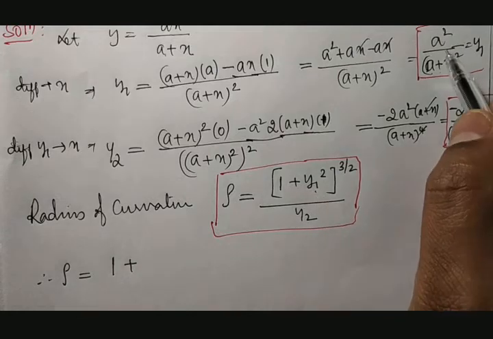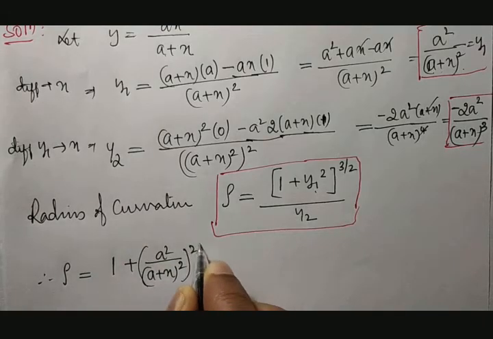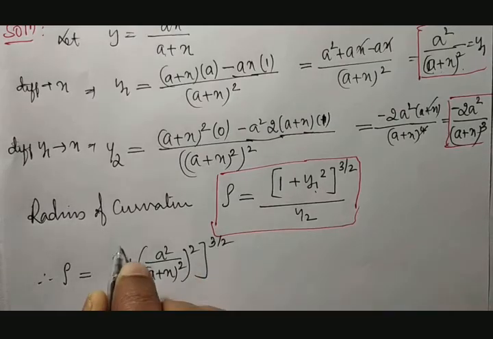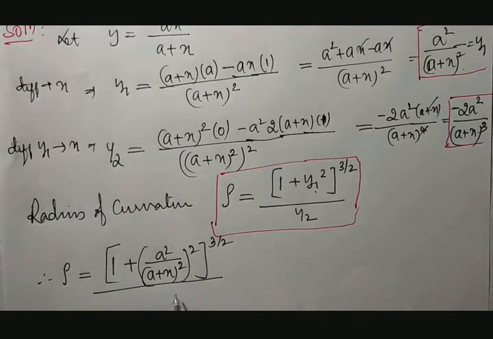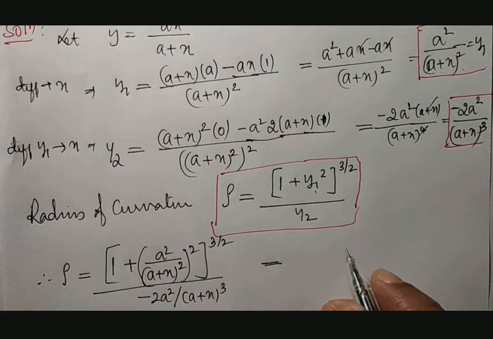What is y1? a square divided by a plus x the square, the whole square raised to 3 by 2, that divided by y2. y2 is minus 2a square divided by a plus x the cube. So which will be taken as 1 divided by this.